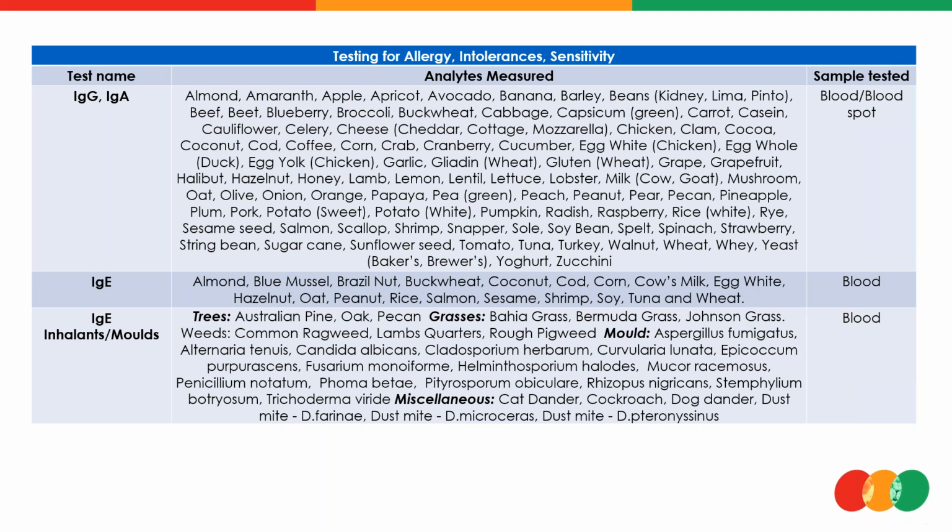Could it be grasses or pollens, or molds, or even your household pet or dust mite as well? This is the advantage of the variety of tests that are available, and you can also measure in various combination profiles.